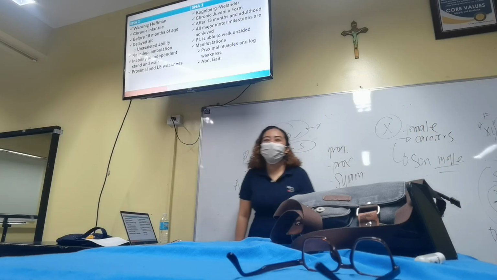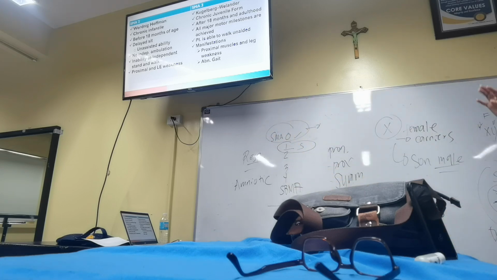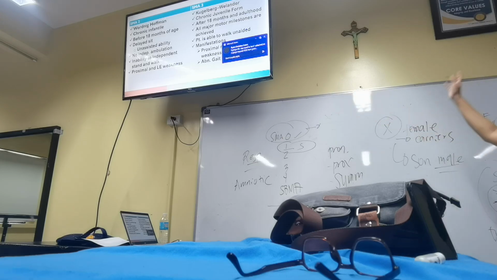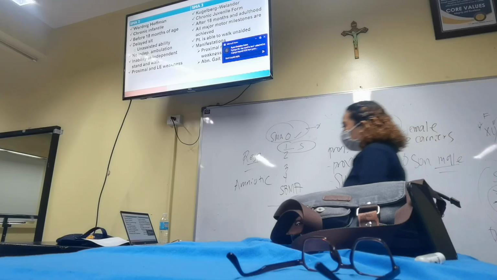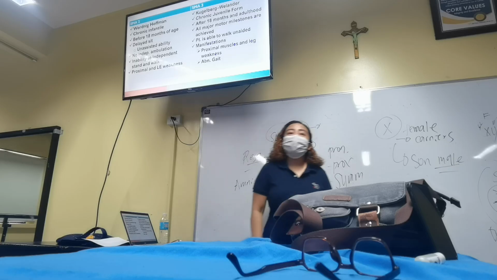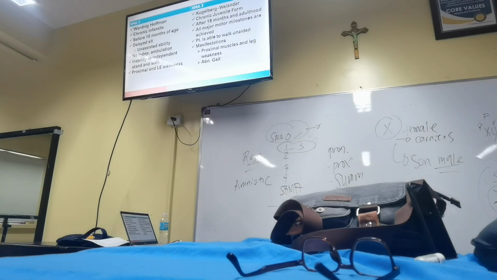Alright. Now let's discuss other types of SMA. Let's discuss SMA 2 versus SMA 3. SMA 2 is also known as Werdnig-Hoffmann 2. Same as SMA 1, Werdnig-Hoffmann 1. SMA 2 is Werdnig-Hoffmann 2.